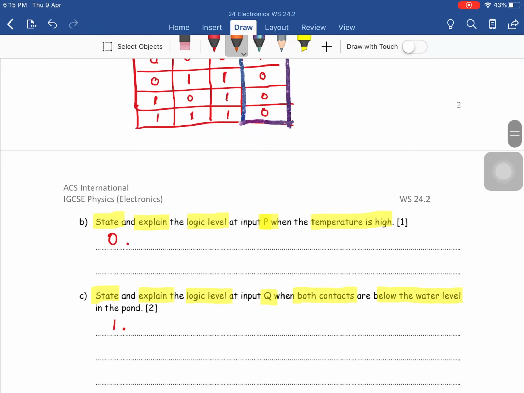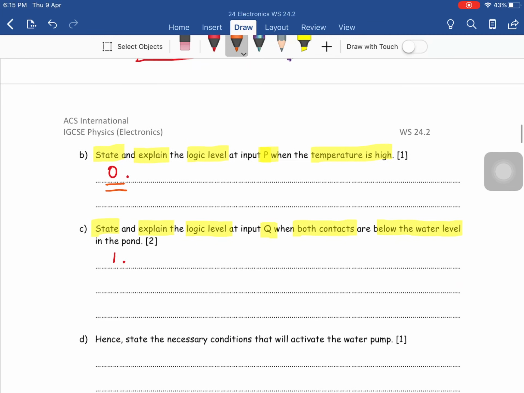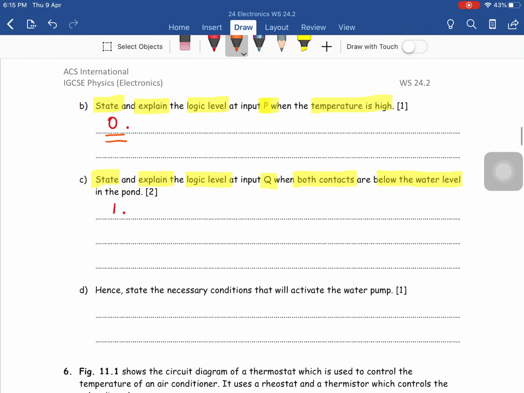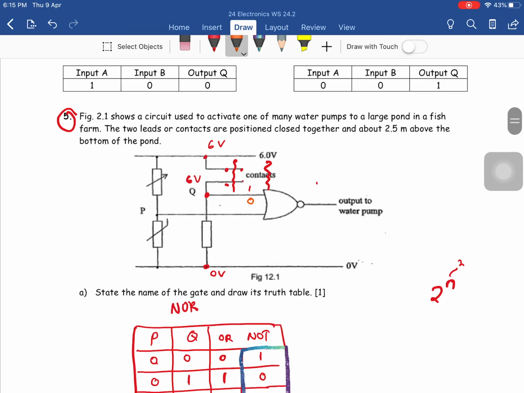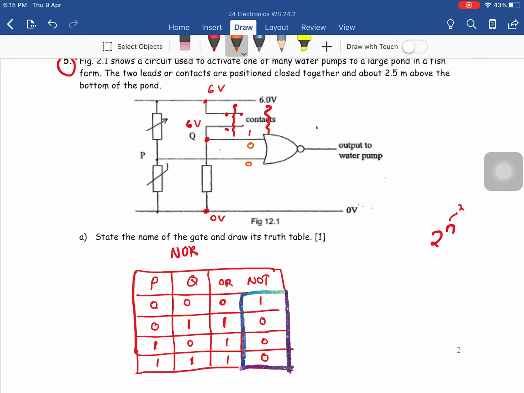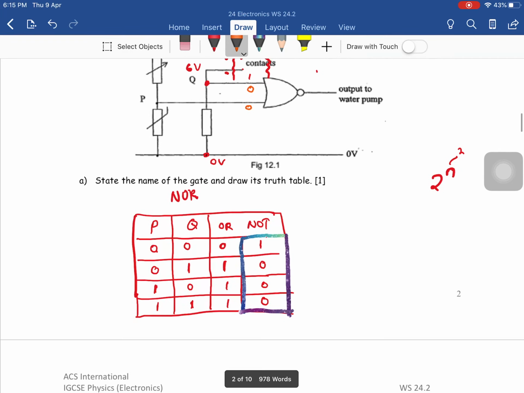Just now we said that when temperature is high, the logic level will be 0, and when both contacts are below the water level, it's 1. So actually what the conditions required would be 0, 0. Right, so we want this side to also be low. And what gate is this? This is a NOR gate, right?